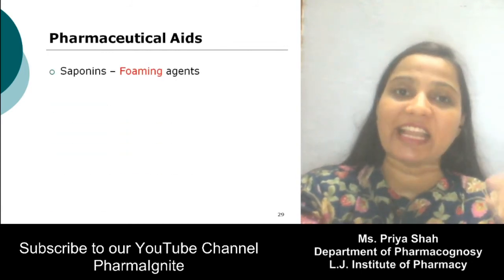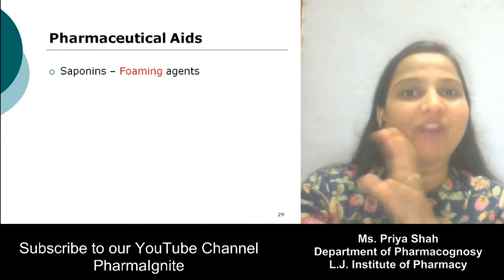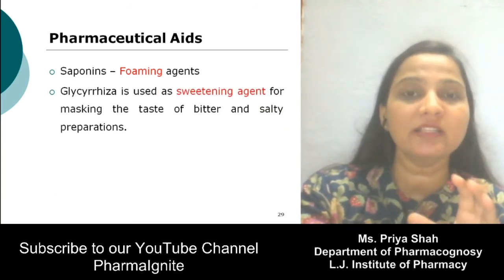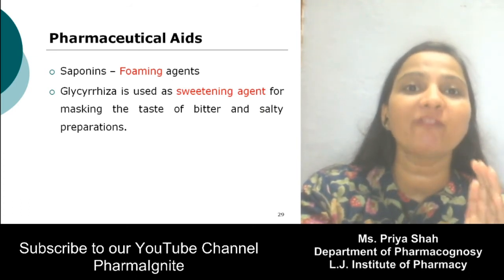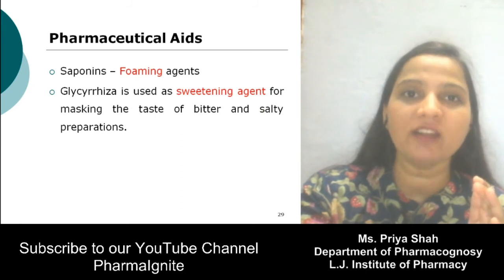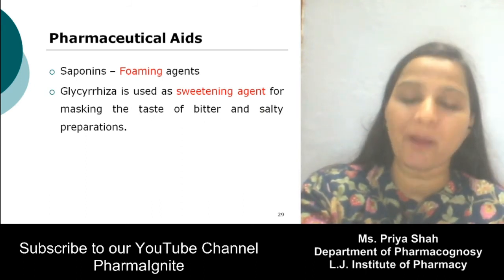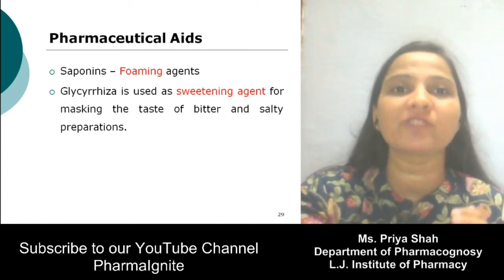Now, various agents aid in the formulation of pharmaceutical preparations. For example, saponins can be used as a foaming agent. The best example of foaming agents is soap nuts, known as aritha, which can be used as a pharmaceutical aid as well as an important ingredient in the preparation of shampoo.